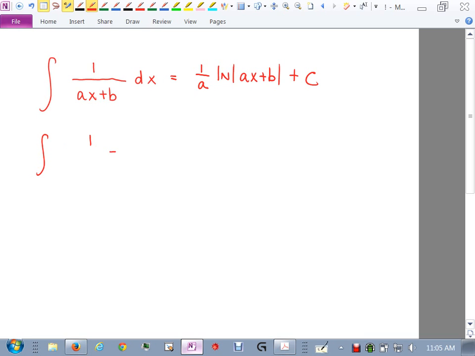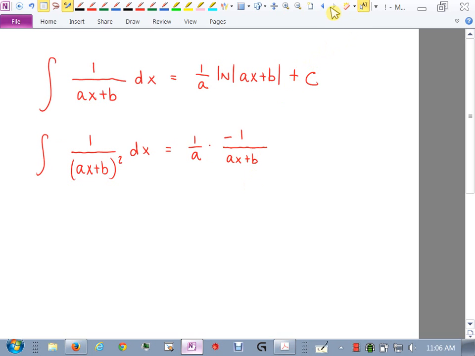And then if we took that linear expression in the denominator, ax plus b, and this time squared it, we would still need that 1 over a out there, wouldn't we, to compensate for the a out here? So it would be, what? 1 over a times negative 1 over ax plus b.